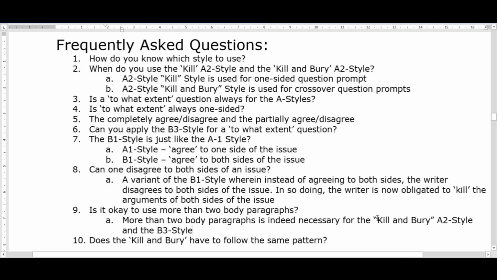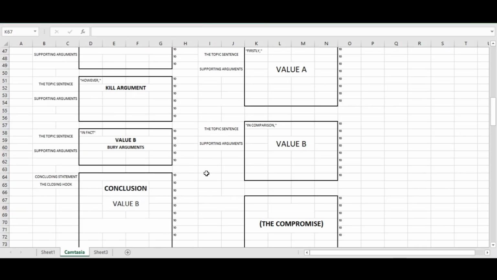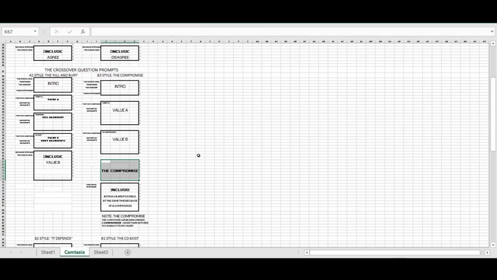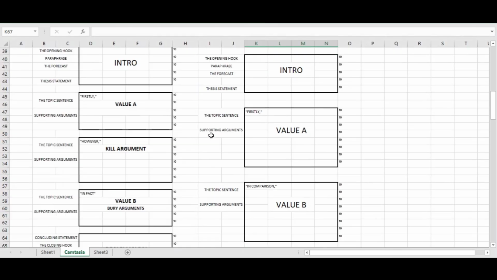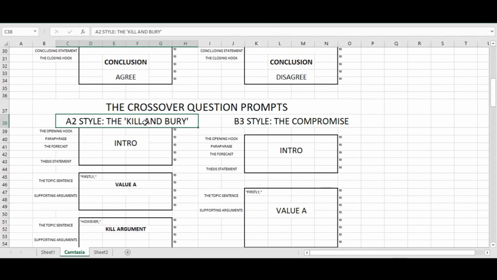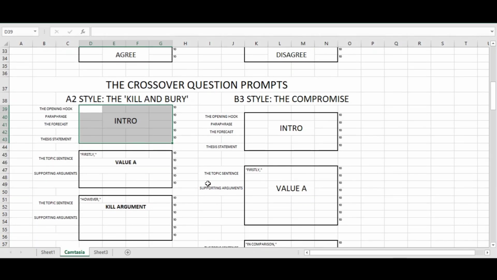And then question number 10 is, does the kill and birdie have to follow the same pattern? So I guess what this question is referring to is the pattern here, what you can see in this Excel worksheet. So over on the left, you will see the kill and birdie style over here. And so what you have is one paragraph talking about the introduction, and then now you have one side of the issue, which is the opposing side of the issue.